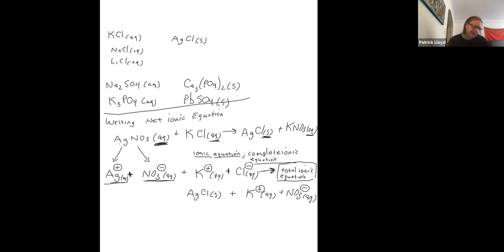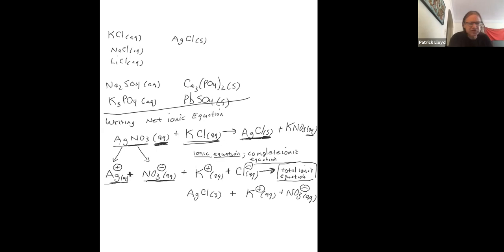What this is telling us is that when this reaction occurs, both of the reactants dissolve completely into water. They ionize, they form ions in the water. They then precipitate. They form a new solid, which is right here.